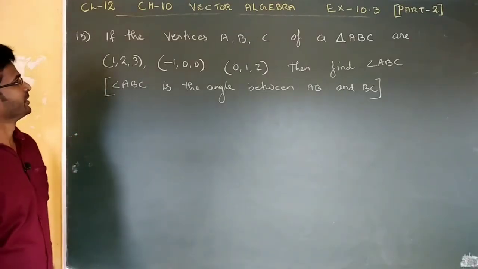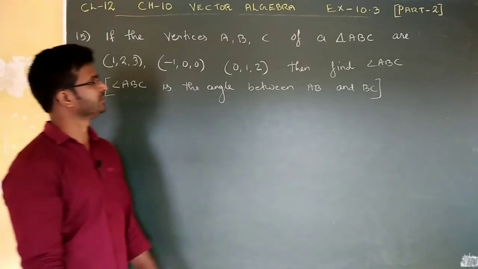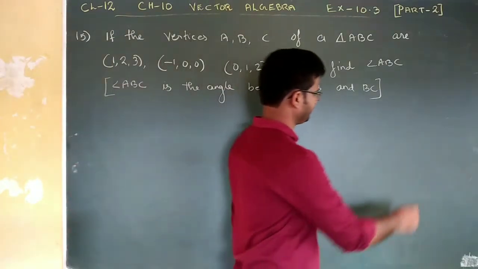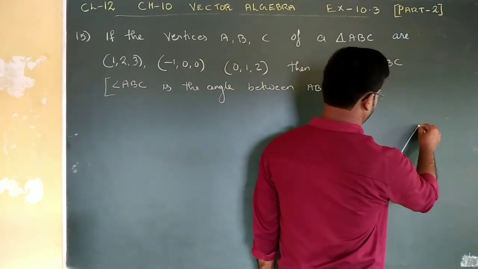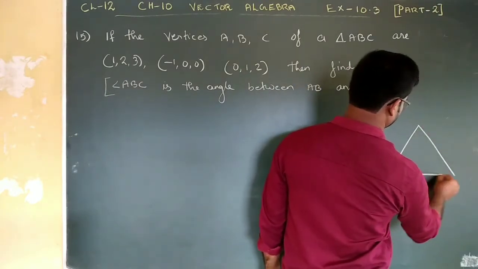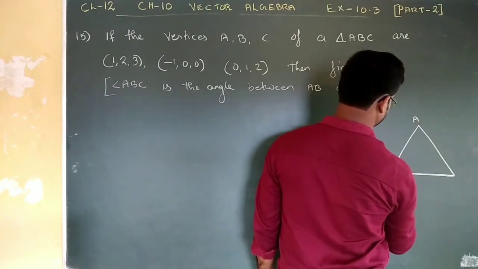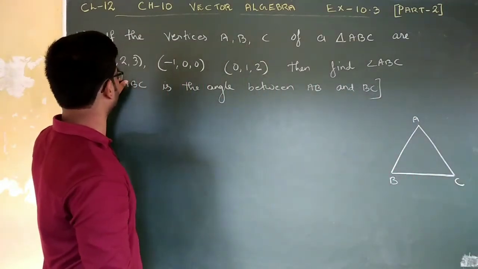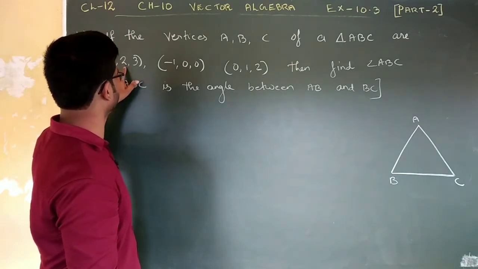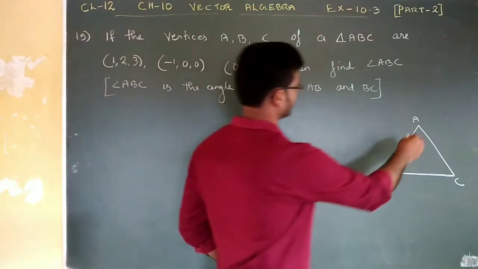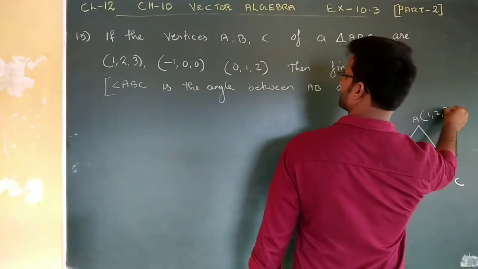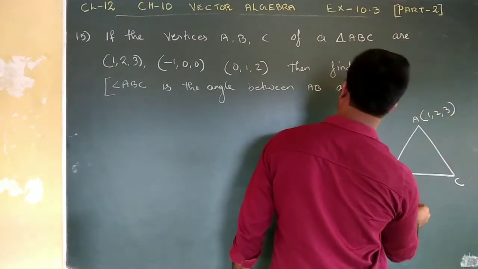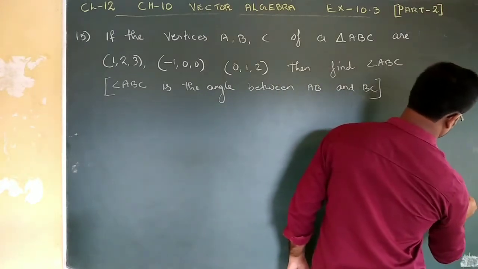Next question, question number 15. Consider a triangle ABC with vertices given: A is (1, 2, 3), B is (minus 1, 0, 0), C is (0, 1, 2).